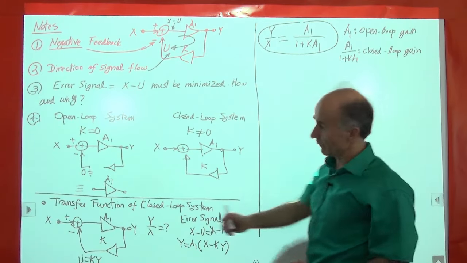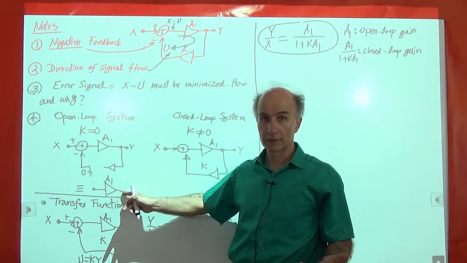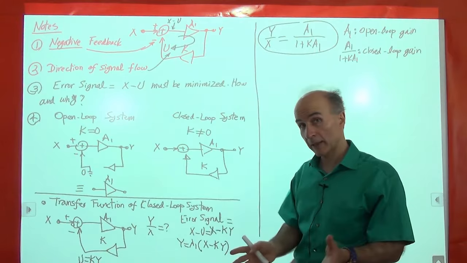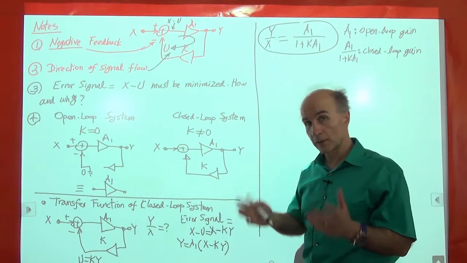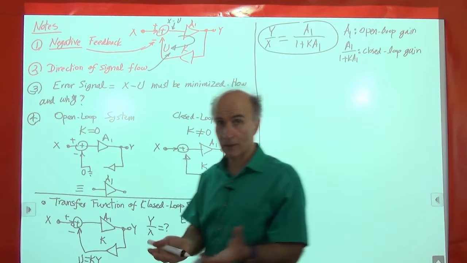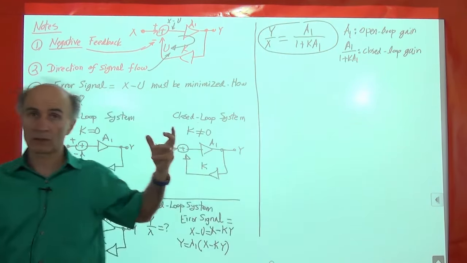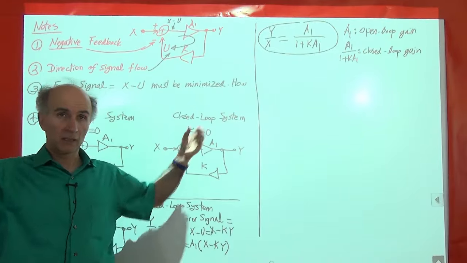A1 is just the gain of the amplifier itself, right? The amplifier that we bought. But now that we placed the negative feedback loop, the overall gain came out to be like this. We call this the closed loop gain, right? After the loop is closed around A1, the overall function from X to Y gives us this much gain.